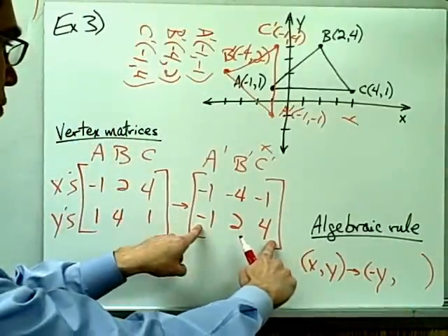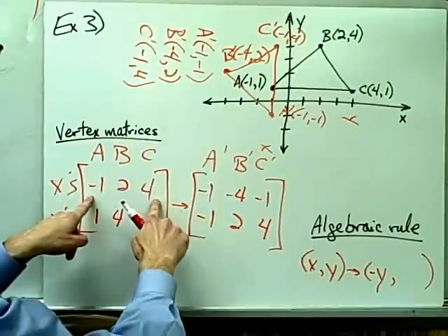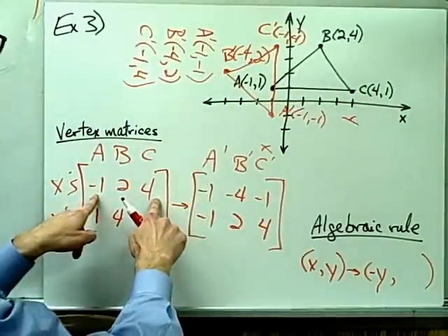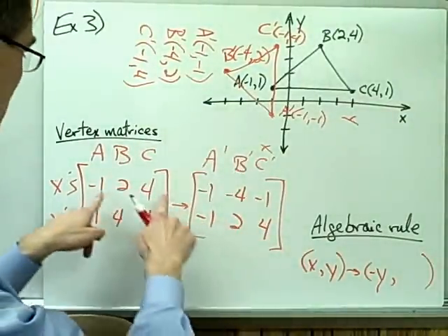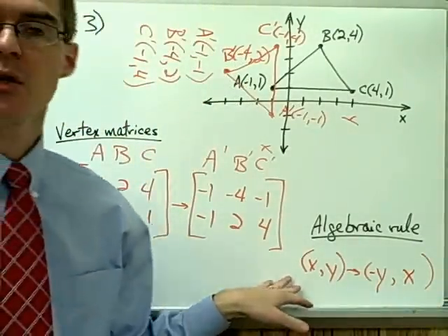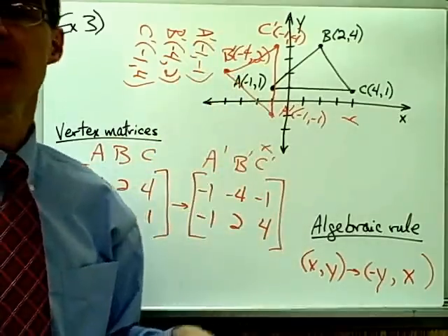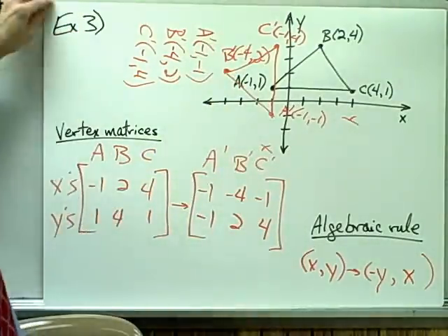And my new y coordinates are exactly the same as my original x coordinates. So here is my algebraic rule for doing a 270 degree clockwise rotation.